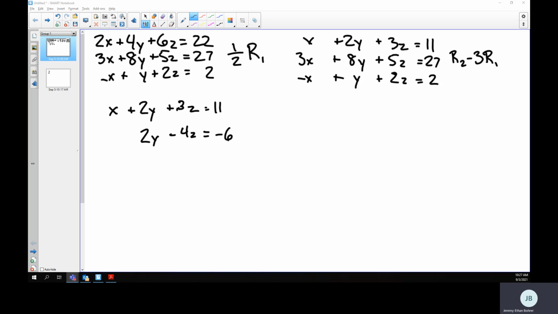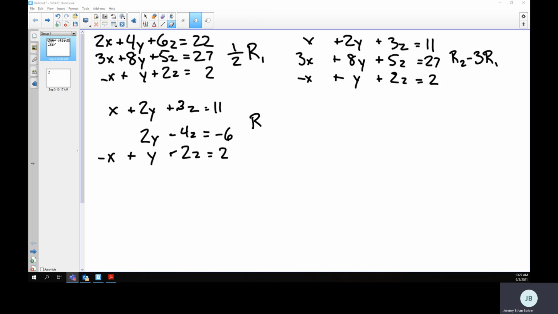Okay, so now our last row stays the same for the moment. We'll fix that in the next run through. Negative x plus y plus 2z equals 2. So now we're going to add rows 1 and 3.